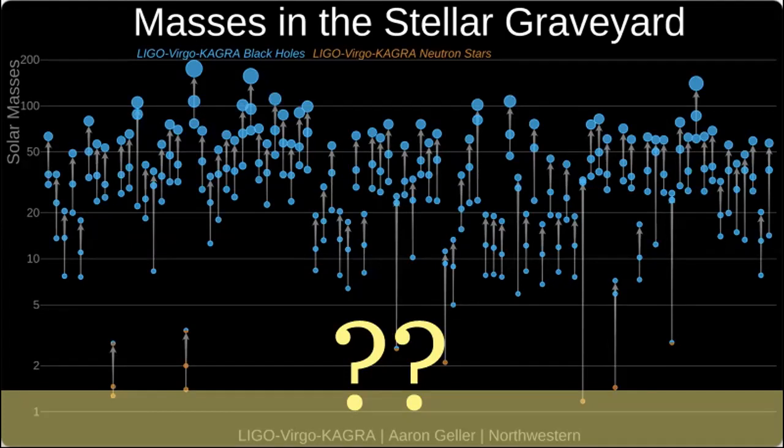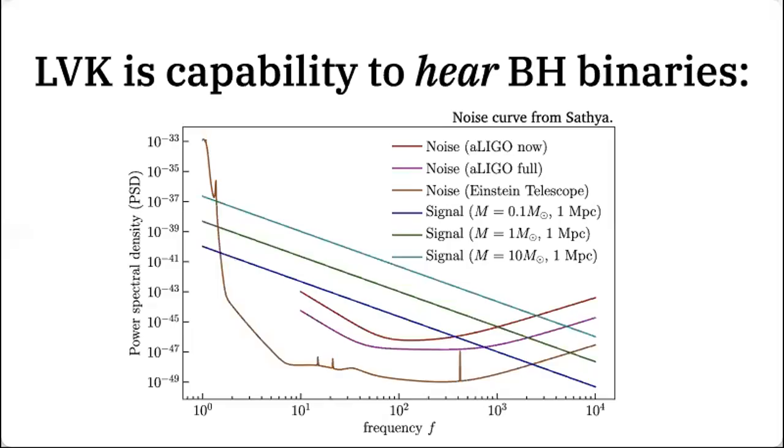Why is that? That was the question. Is it because our instrument is not sensitive enough to detect those small black holes? The answer is no. Here I plotted, as a function of frequency, the power spectral density, the sensitivity or the signal for the LIGO detectors.